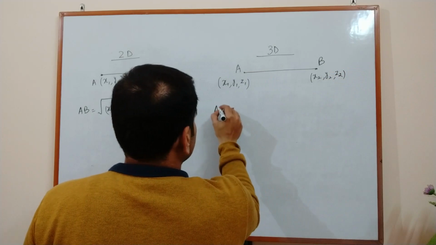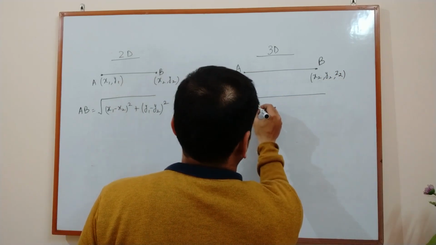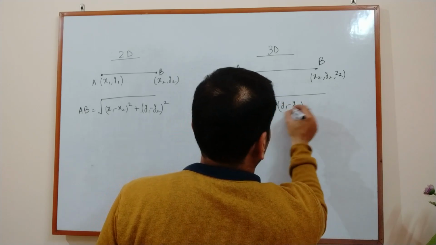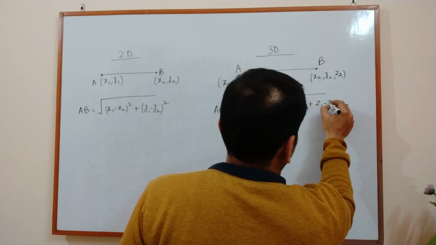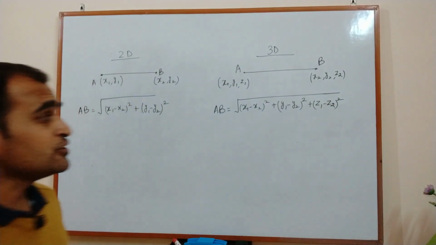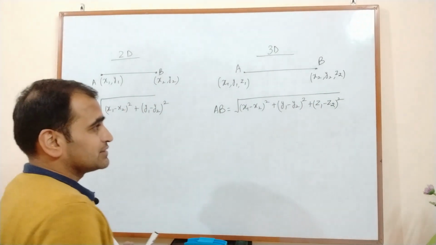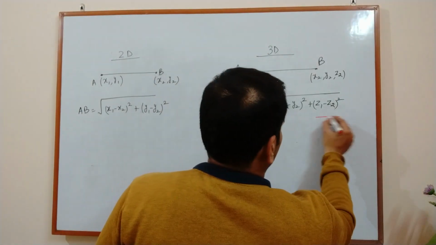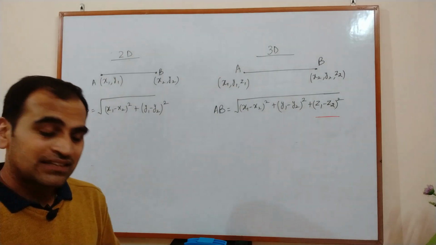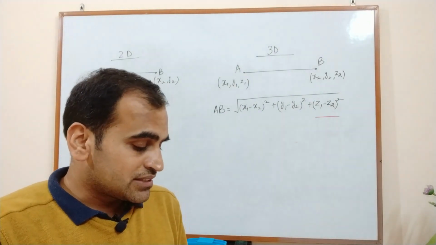So again the distance formula for 3D is under root of x1 minus x2 whole square plus y1 minus y2 whole square plus z1 minus z2 whole square. So you can see here this z1 minus z2 factor is added. This is the difference between our distance formula in 2D and 3D. Okay. So it is very easy, just like you have already studied in 2D. So this is about the distance formula.